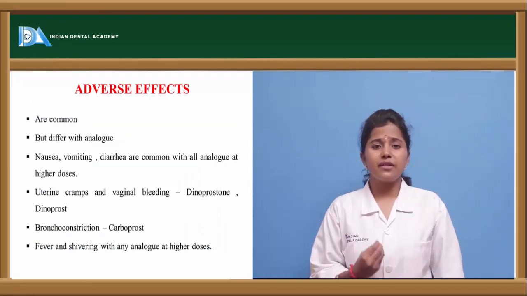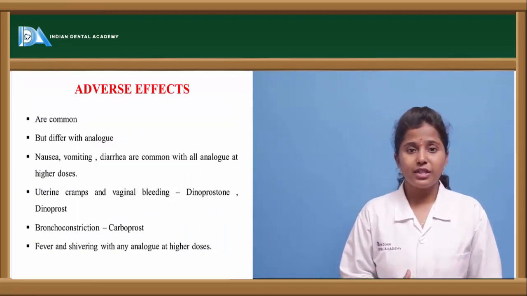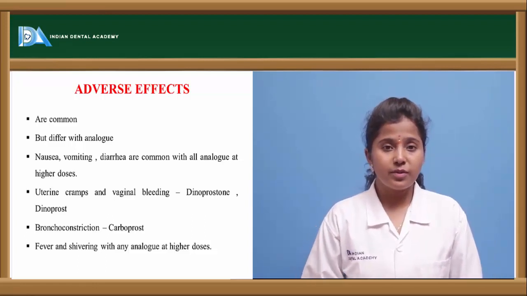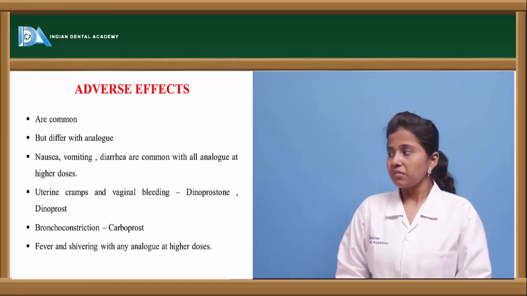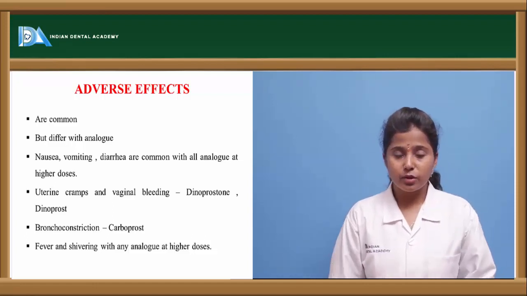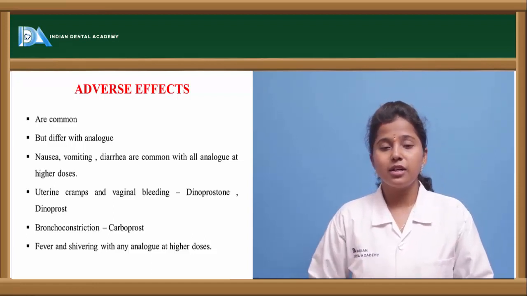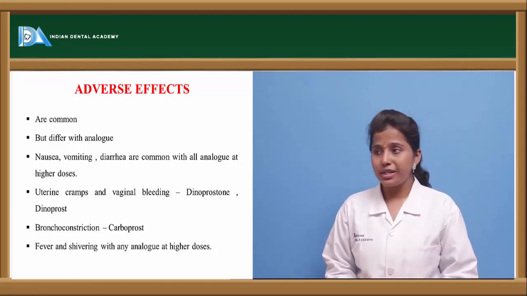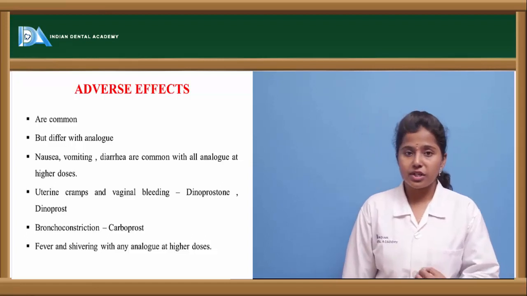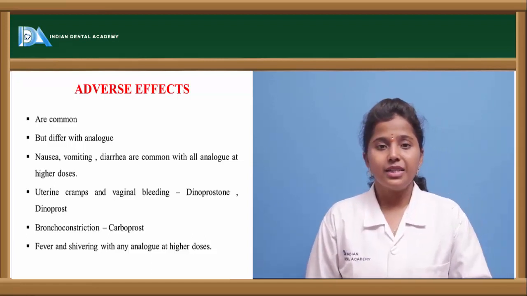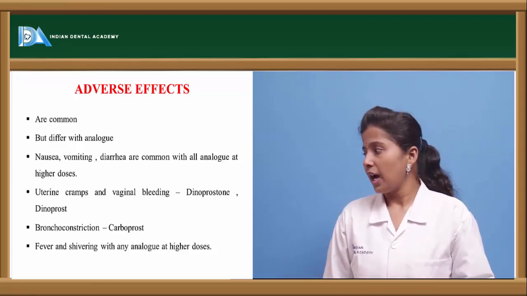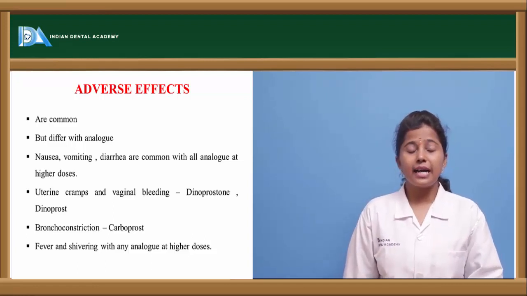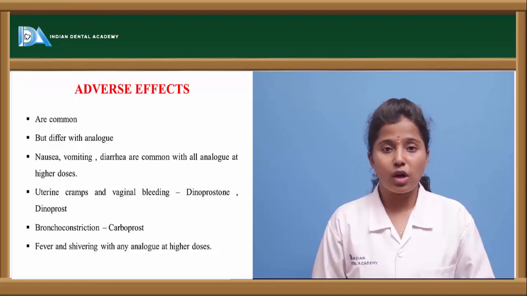Let us see the adverse effects of these prostaglandins. Each and every drug has its own adverse effects. The side effects of these prostaglandins are common. The general or common side effects include headache, wheezing, cough, as well as nausea, vomiting, diarrhea. But when coming to carboprost, it has a special side effect called bronchoconstriction.